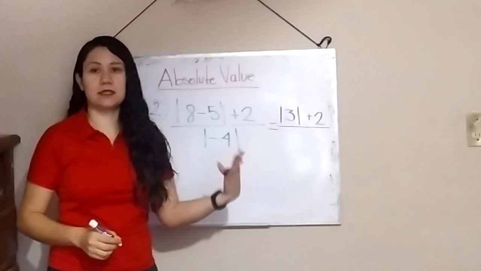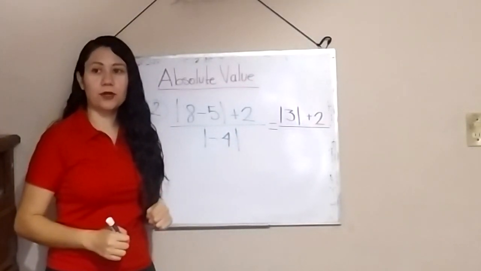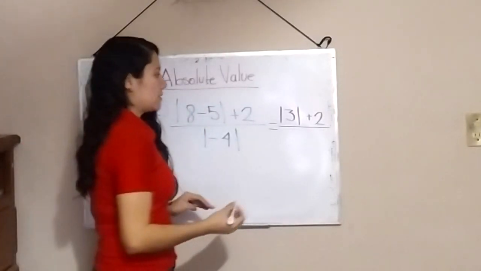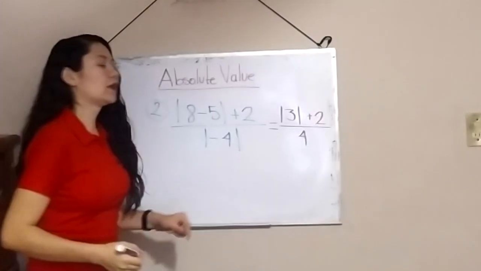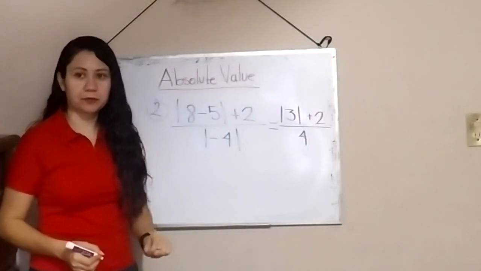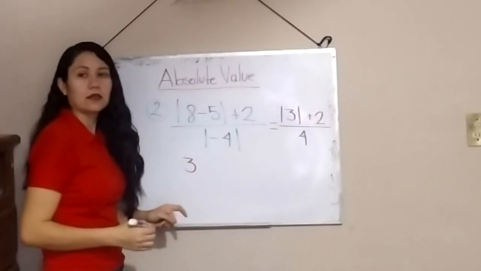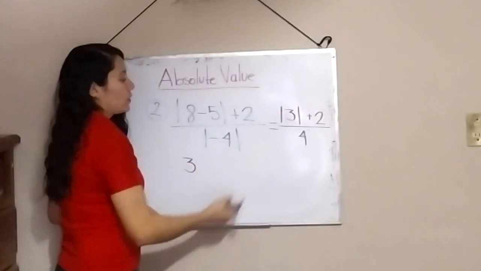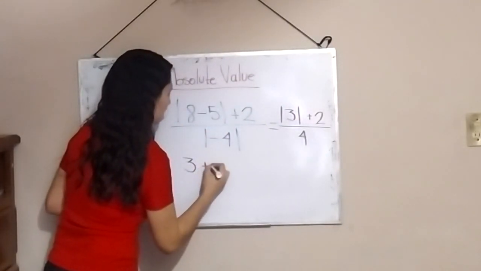How many places away from the 0 is negative 4? 4 places. How many places away from the 0 is the number 3? It is 3 places. So we are going to pass everything else just the way it is.